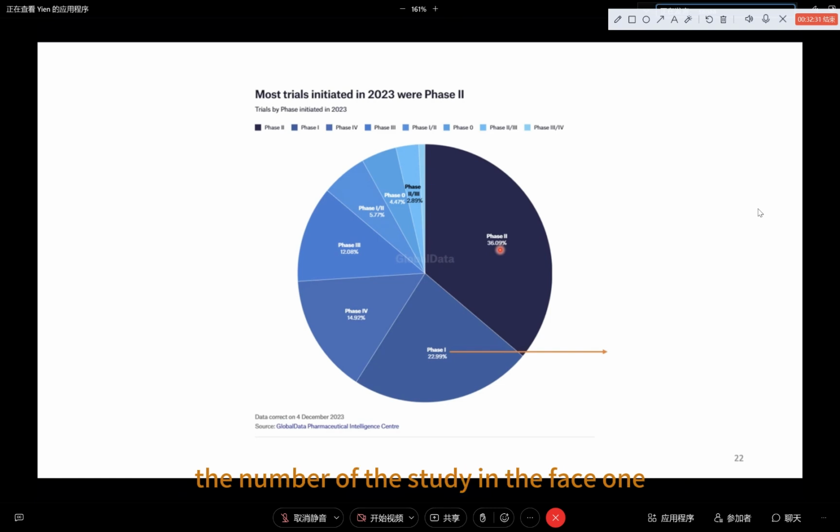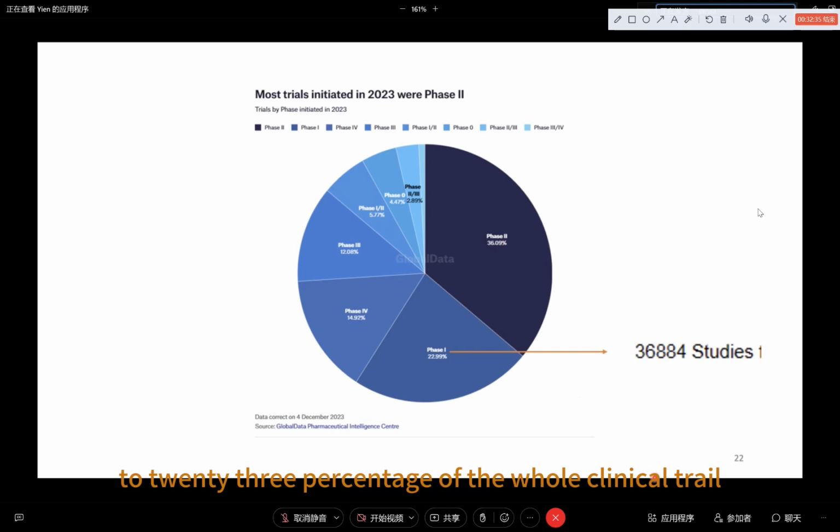The number of studies in phase 1 was about 22% to 23% of all the clinical trials that were started in 2023. As a number, nearly 40,000 studies have been started and are in active state, and also the completed ones.